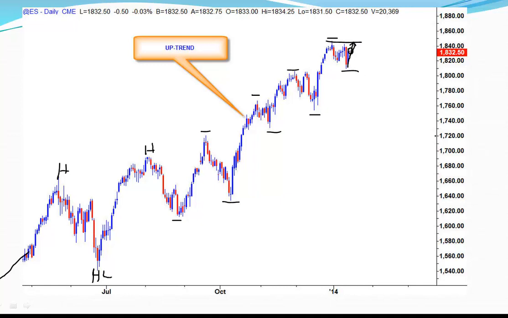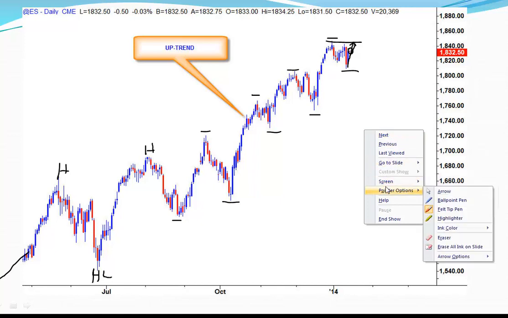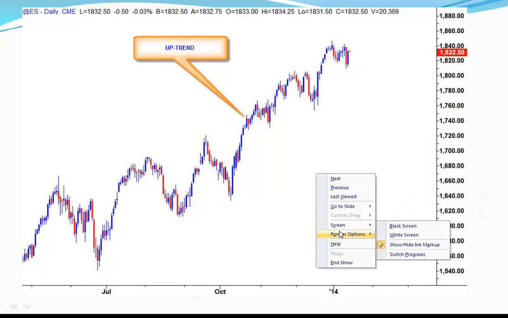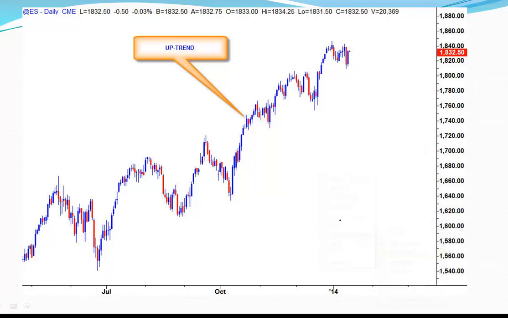So looking at the complex as opposed to the simple, let's just look at that again. Here is a complex wave where you have your high, and then you have a process like that where the market doesn't just come down and go up, it comes up and then down again and then up again.